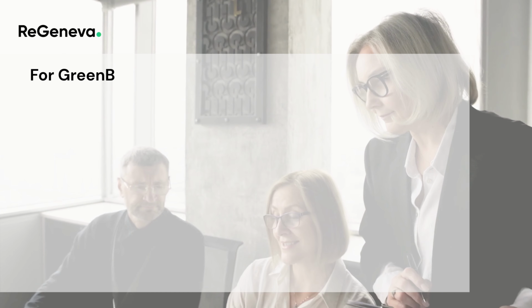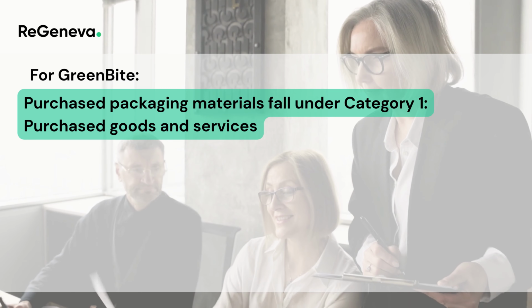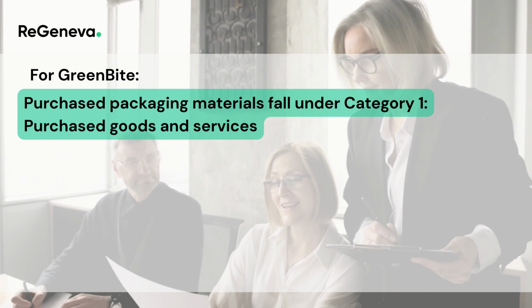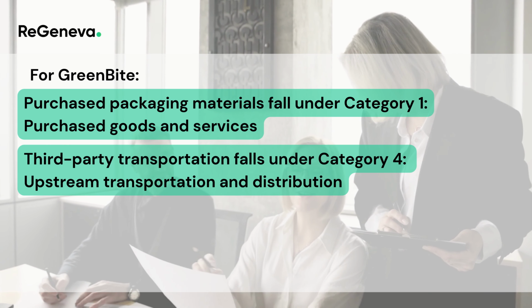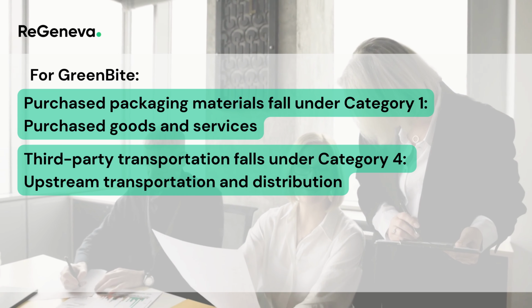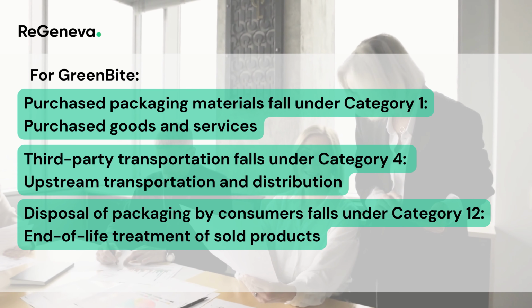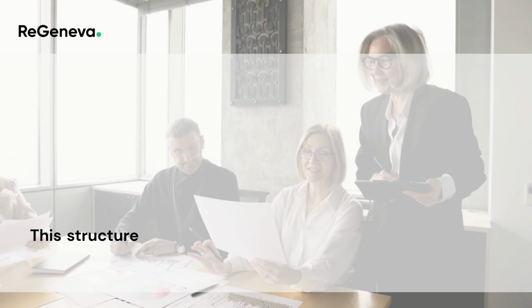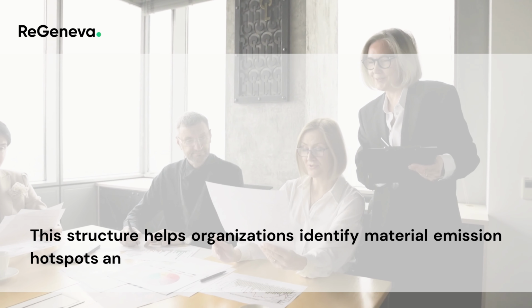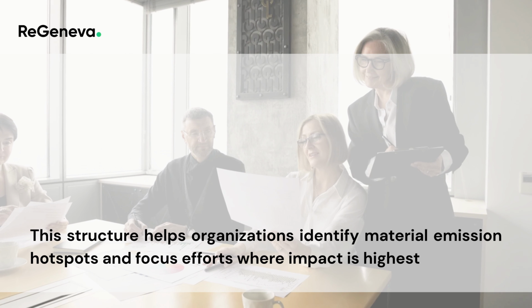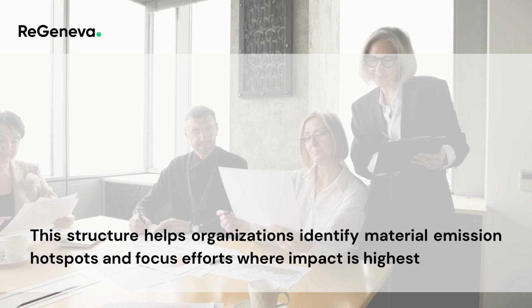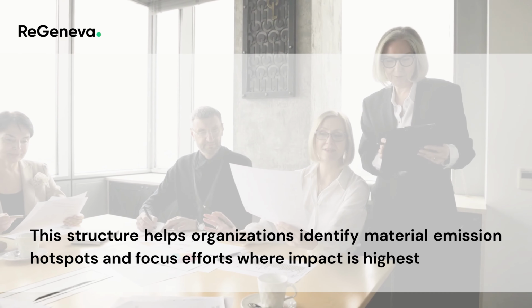For Greenbite, purchased packaging materials fall under Category 1, purchased goods and services. Third-party transportation falls under Category 4, upstream transportation and distribution. Disposal of packaging by consumers falls under Category 12, end-of-life treatment of sold products. This structure helps organizations identify material emission hotspots and focus efforts where impact is the highest.